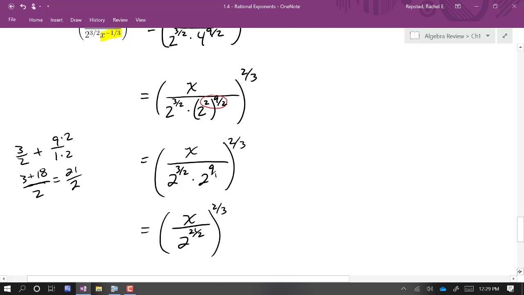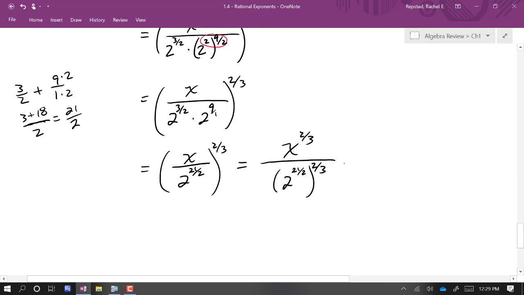Now I'll apply that property that says we can distribute an exponent over a quotient. So I got x to the 2/3 divided by 2 to the 21 over 2 to the 2/3 power. The top is x to the 2/3.